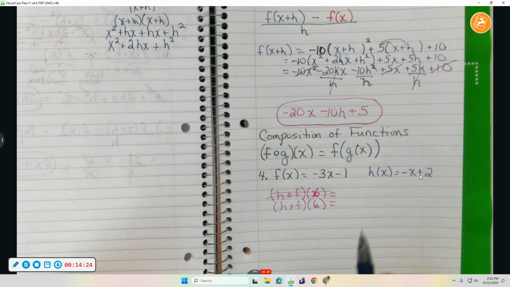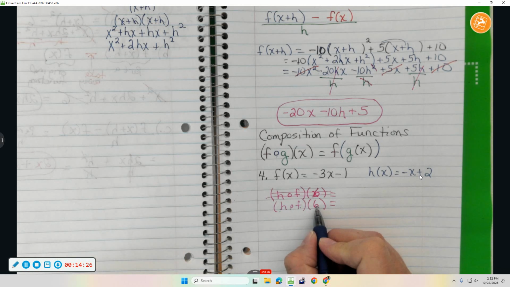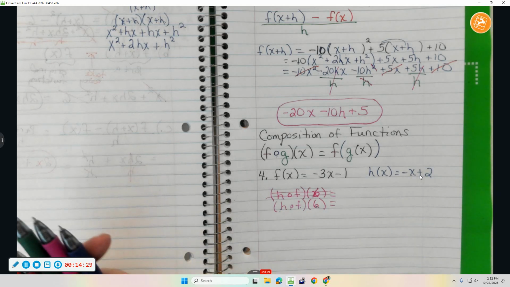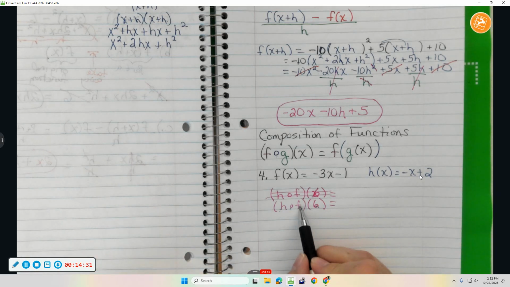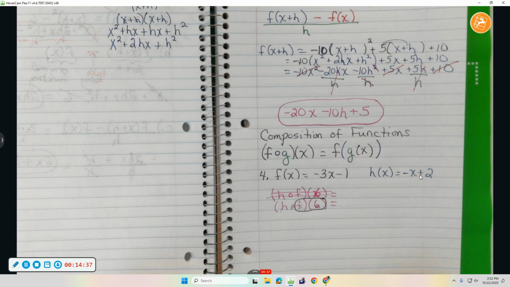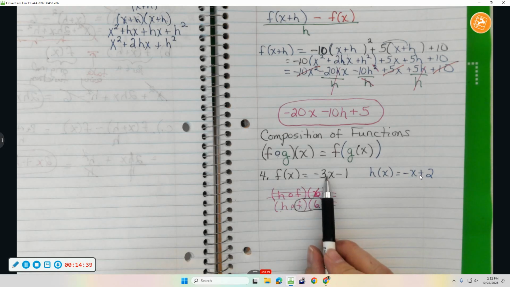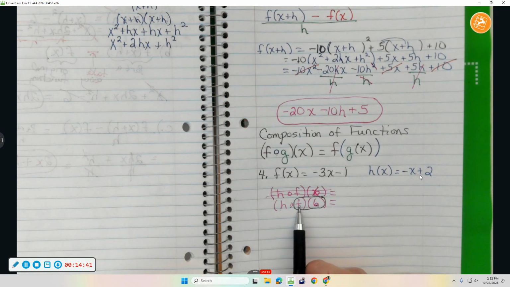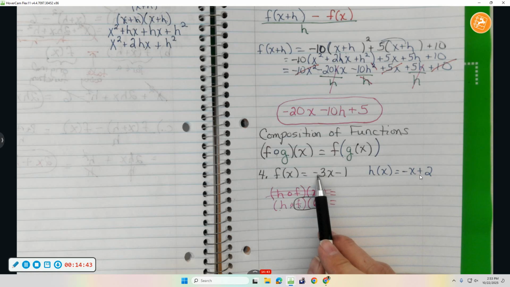What that means is start with this number 6 and plug it into the function beside it. Plug 6 into the function f.